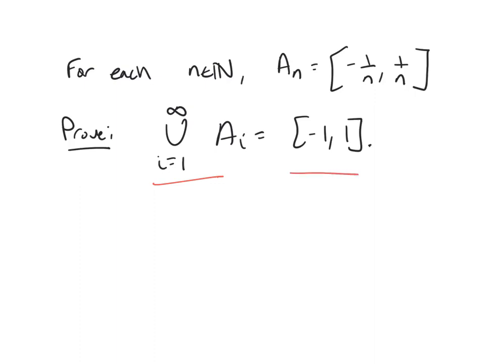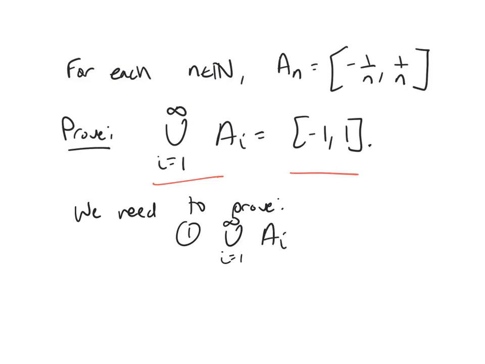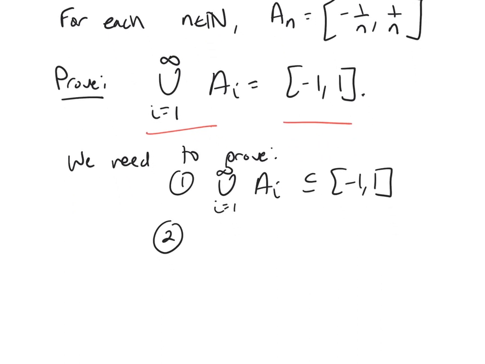So if you're proving this, remember there are two things you need to prove. We need to prove the following two things. That the union of A_i is a subset of -1 to 1, and then the reverse, the interval is a subset of the union.